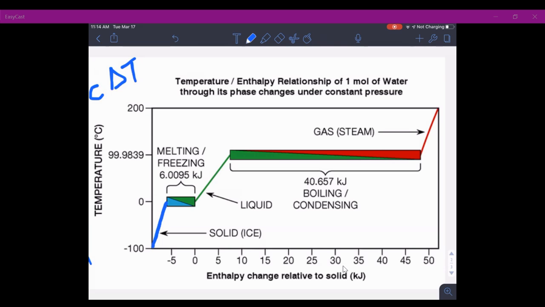When we get to 0, we have a phase change, from solid to liquid. That has an energy requirement that we've seen before: 6.0095 kilojoules per mole.